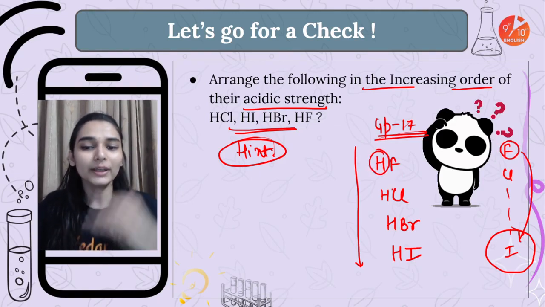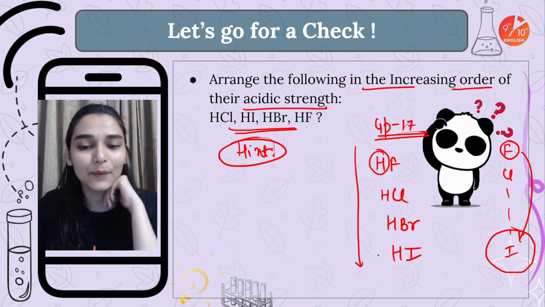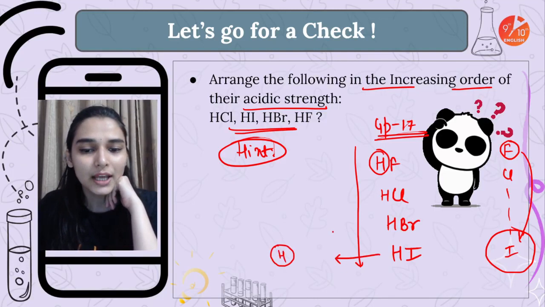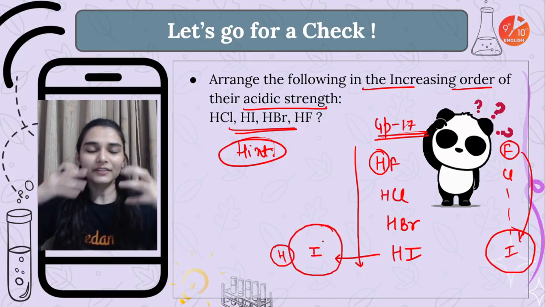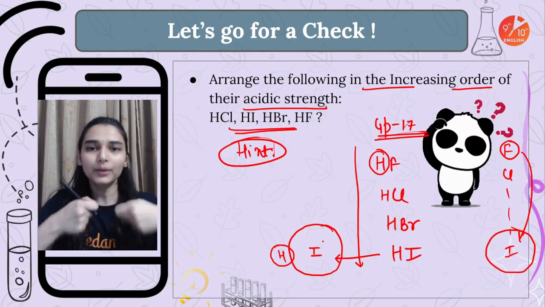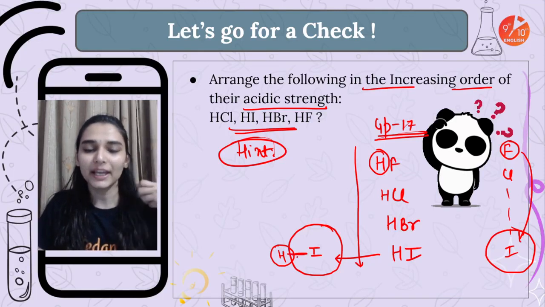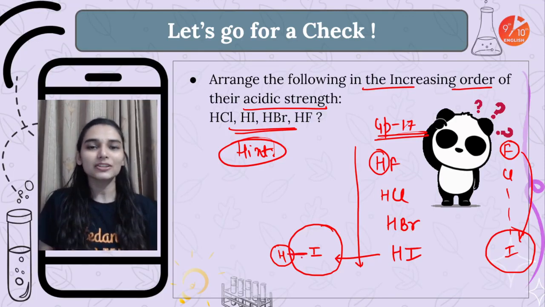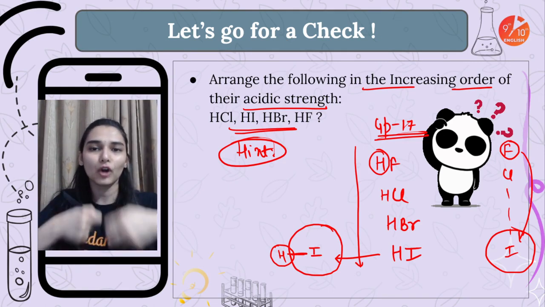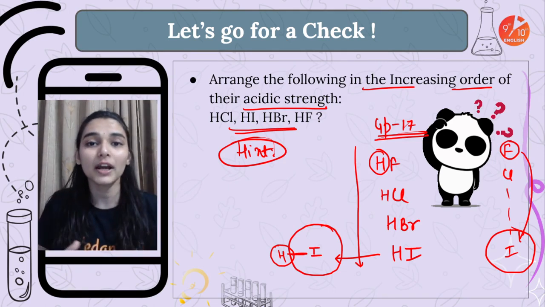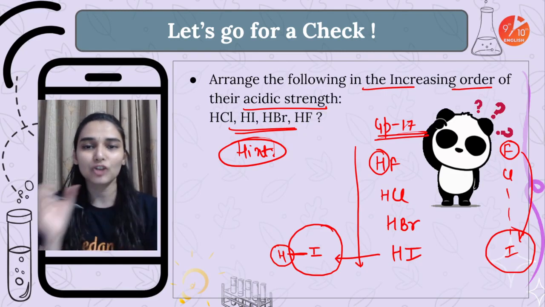So as you are going down in the group, then what is happening? Look, HI is going to look something like this. This is hydrogen and this is big-size iodine. So because of the size mismatch, the sharing of electrons in the bond they are making is not very strong. The overlapping of orbitals is not very strong because of the mismatch of size.